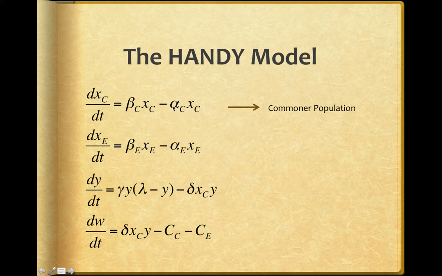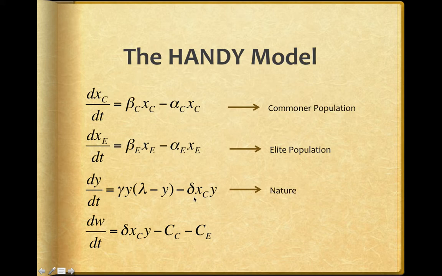So it's fairly straightforward, very similar to the nature population model that we saw last lecture. The elite population has similar dynamics, only with other parameters. It has a growth driven by a coefficient beta and a death driven by a coefficient alpha.